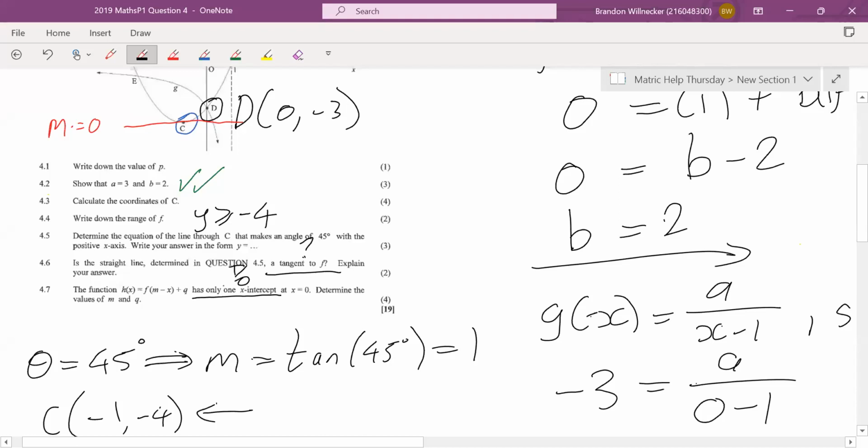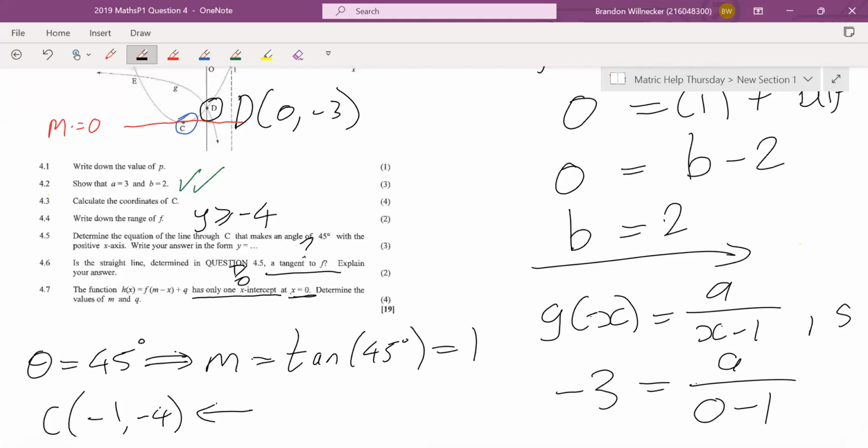In other words, it was a parabola, however we've shifted it around such that it no longer has 2 x-intercepts. It now only has 1, which means this parabola is just touching the x-axis at 1 point. Moreover, we know that this happens at x equals 0, so it's at the origin.